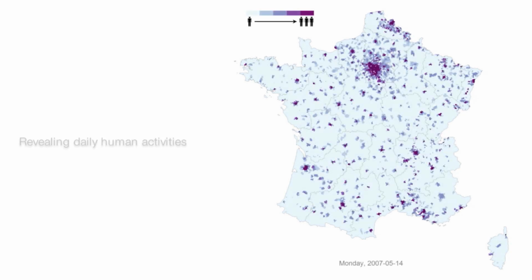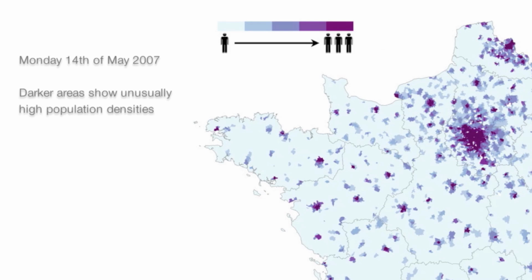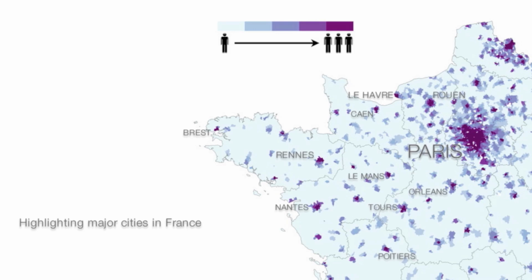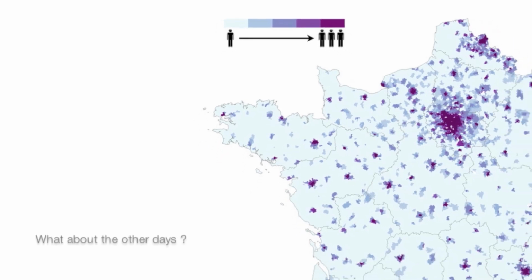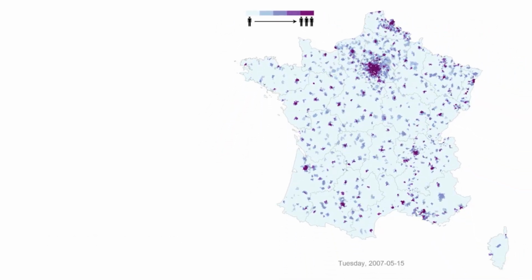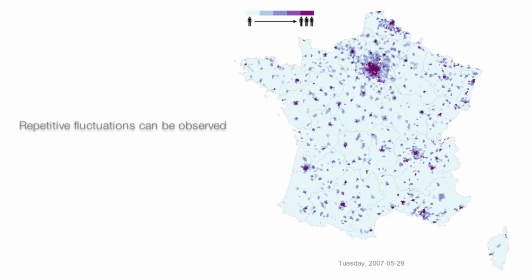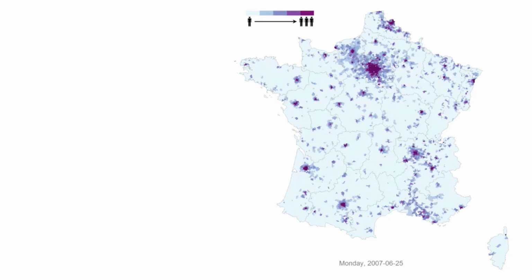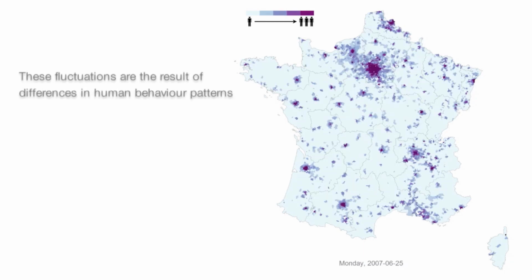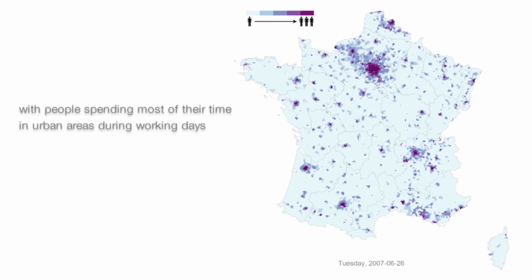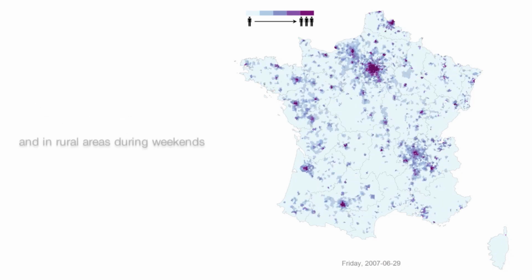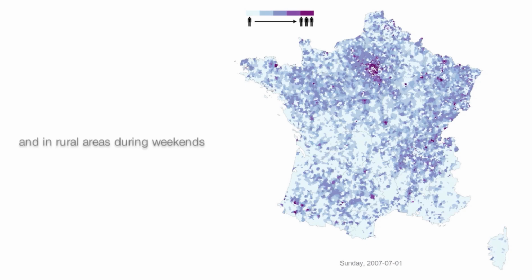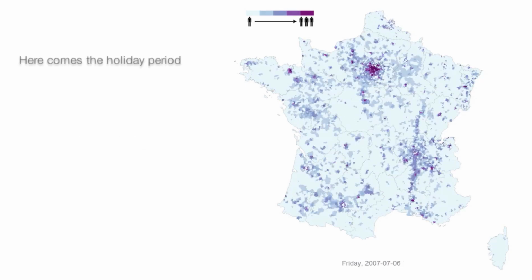So France did a census around the same time as we had access to phone data, and we built a simple model to translate between density of phone users and the density of population, and that worked pretty well, and we could then use the phone data, which is collected every single minute of every single day, to map out changing population distributions. So here we see, Monday across the country, everybody mainly working in the cities, Tuesday, Wednesday, Thursday, and then Friday, Saturday and Sunday, very different population distributions as people go into the countryside.